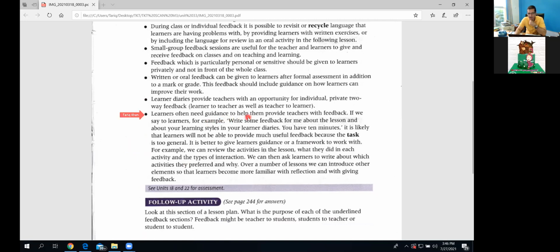Next one is learners often need guidance to help them provide teachers with feedback. If we say to learners, for example, write some feedback for me about the lesson and about your learning style in your learners' diaries, you have 10 minutes, it is likely the learner will not be able to provide much useful feedback because the task is too general.